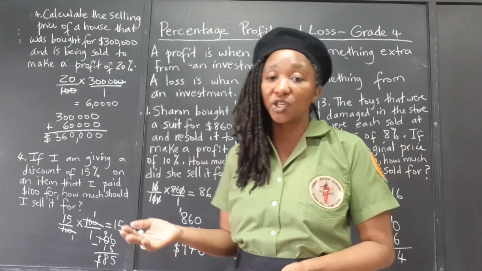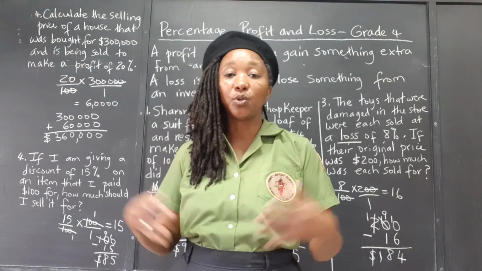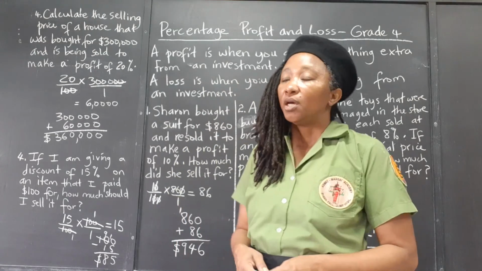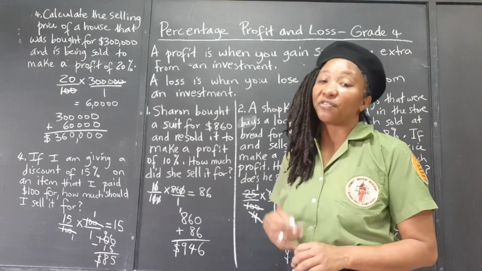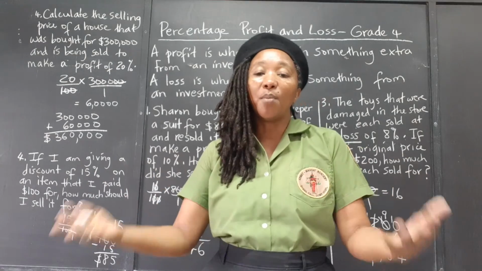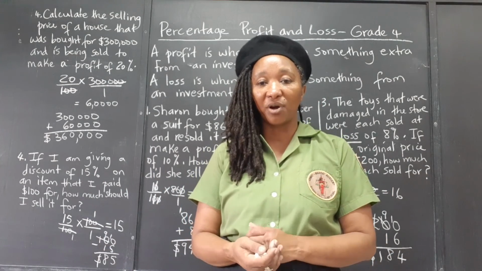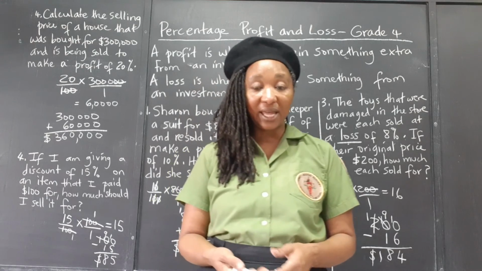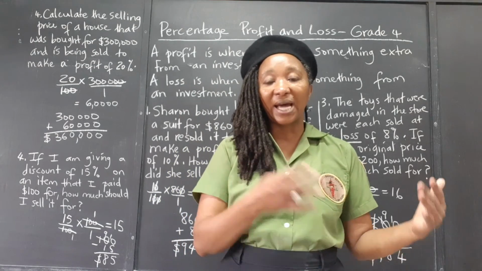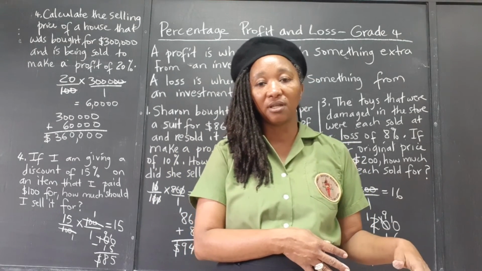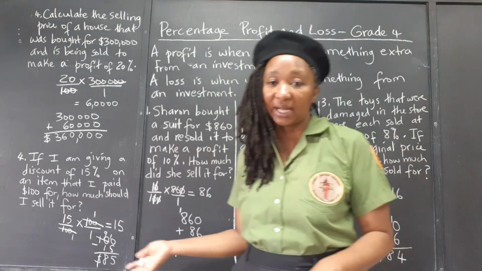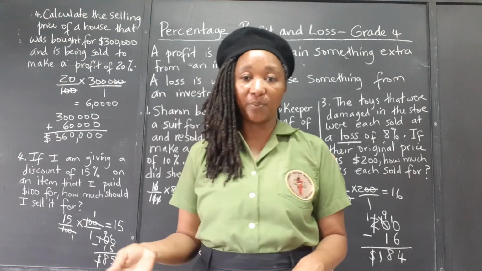And a loss is the opposite. It's an amount that you lose after making an investment. Percentage profit and loss, we first have to work out how much is that percent profit, how much is that percent loss. And then for the profit, we'd add that extra to the original amount. If it's a loss, we'll subtract that from the original amount.